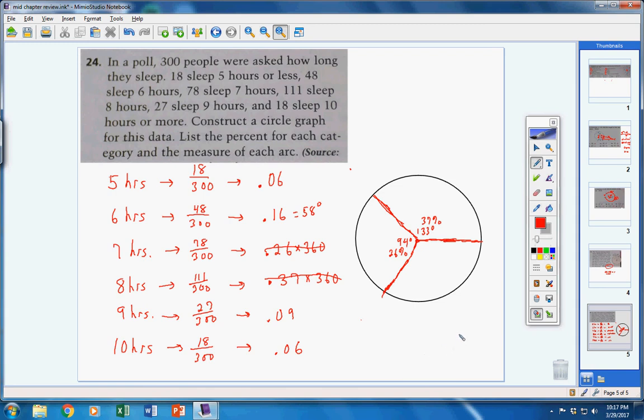So we'll back it up to about right there. And that looks pretty good. Alright. So, kind of draw it out to about right there. Alright, and that's going to be 58 degrees. And that's going to be 16%.